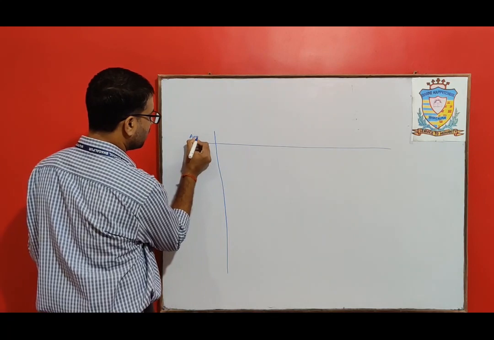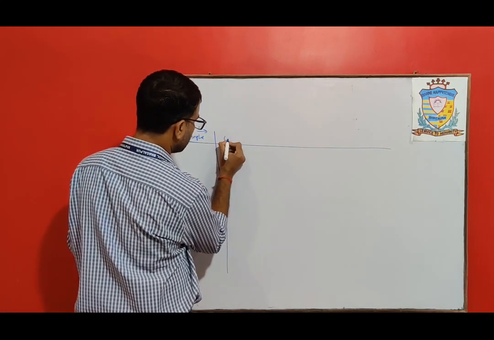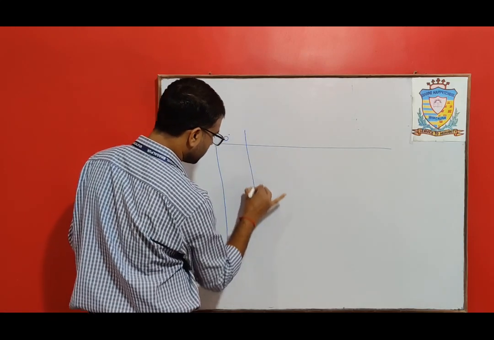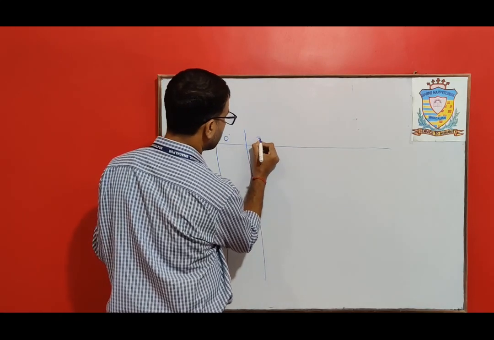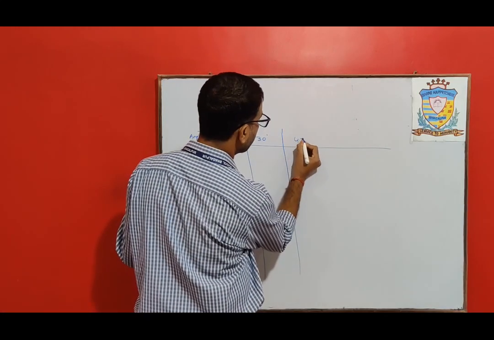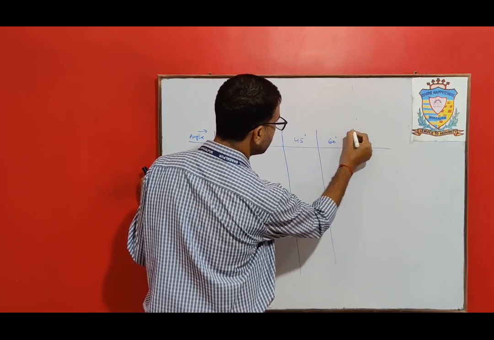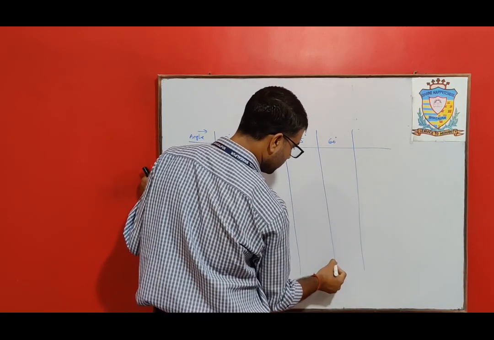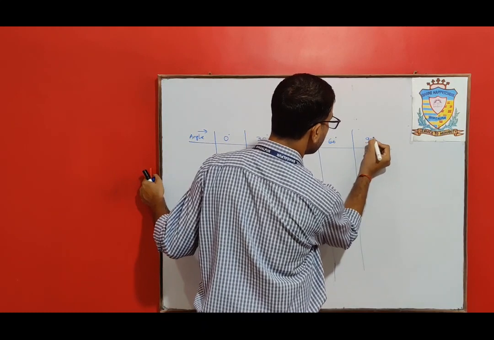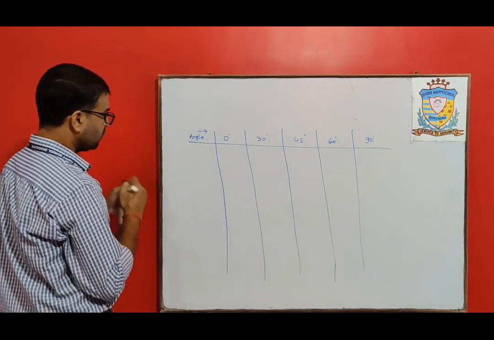In this part we will take angle, here we will take the ratio. So 0 degree, 30 degree, 45 degree, 60 degree and 90 degree.